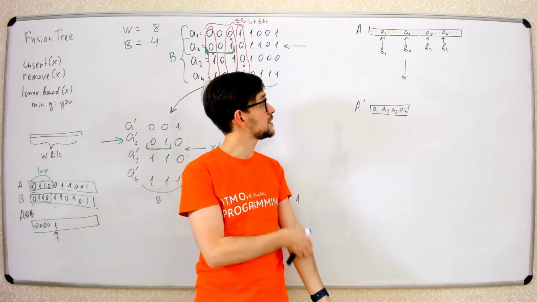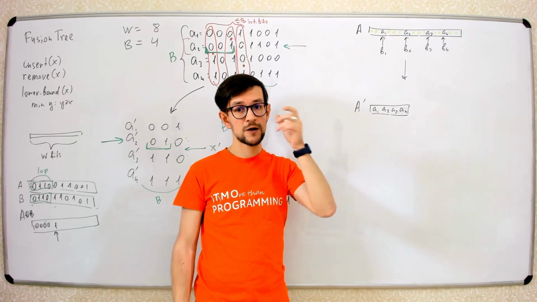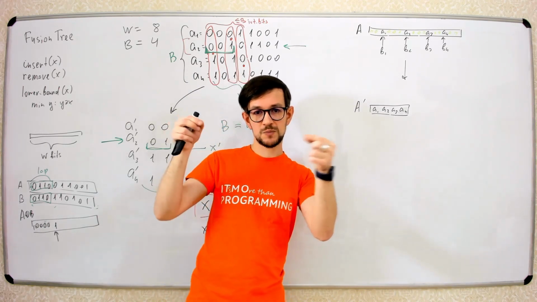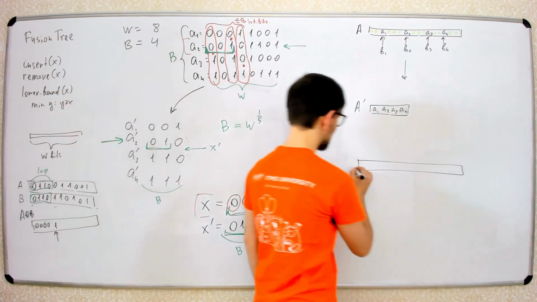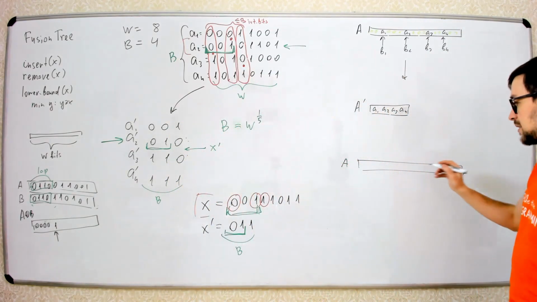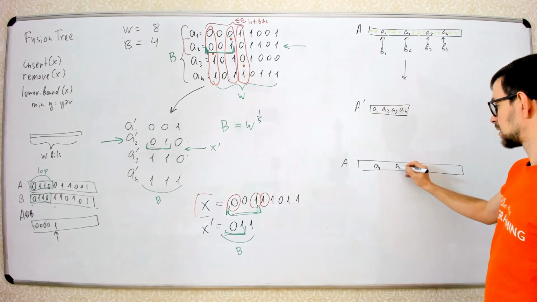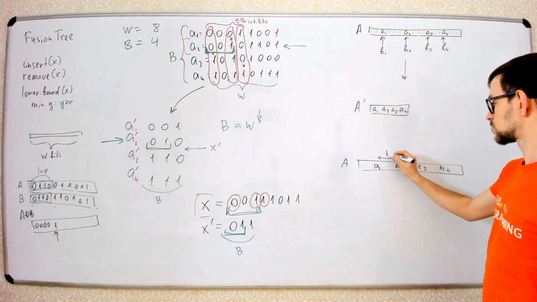But the difference is that in the problem we discussed last week, the distance between these bits was the same. Last week we discussed almost the same problem. We had different bits, but the distance between these bits was always b.